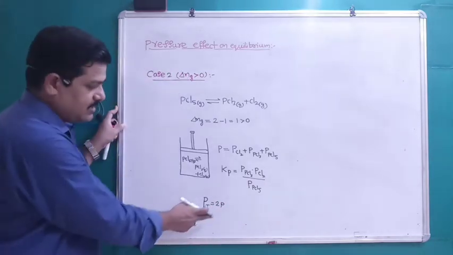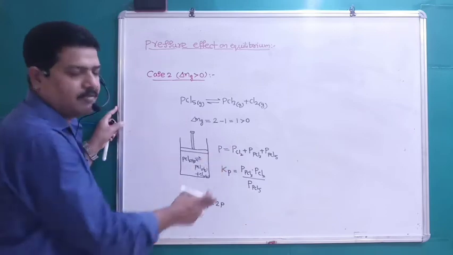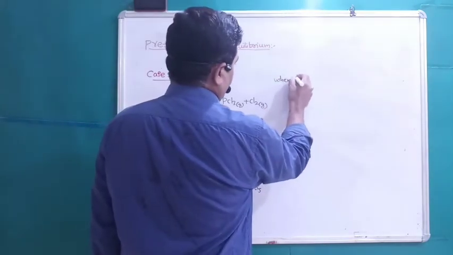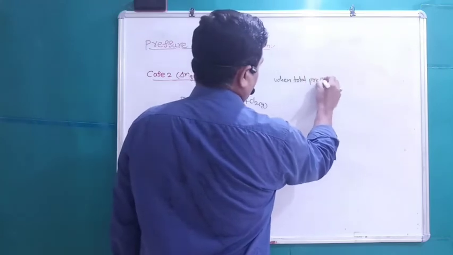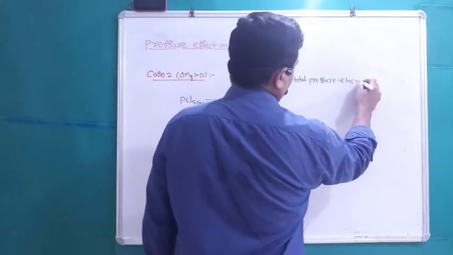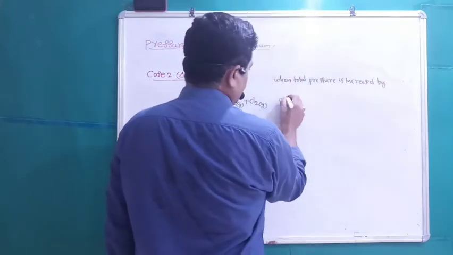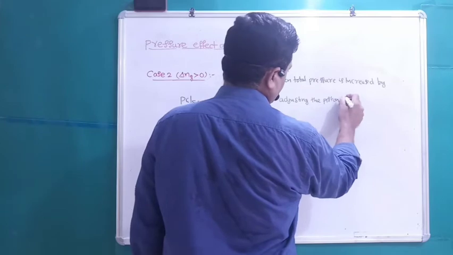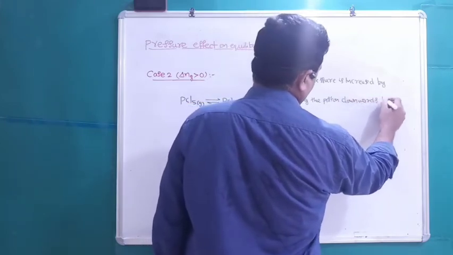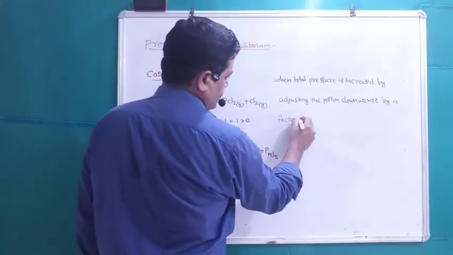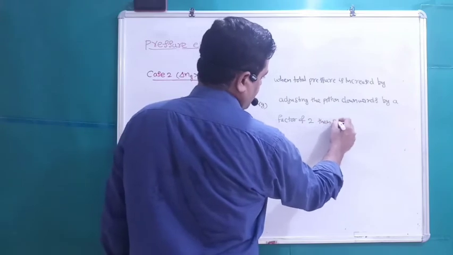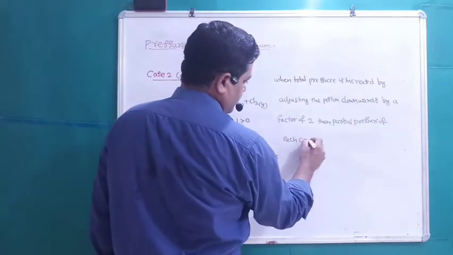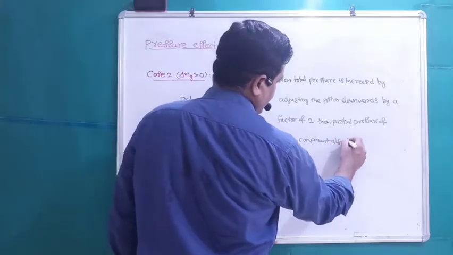When the total pressure is increased by a factor of 2, by adjusting the piston downwards, the partial pressure of each component also increases by the same factor.